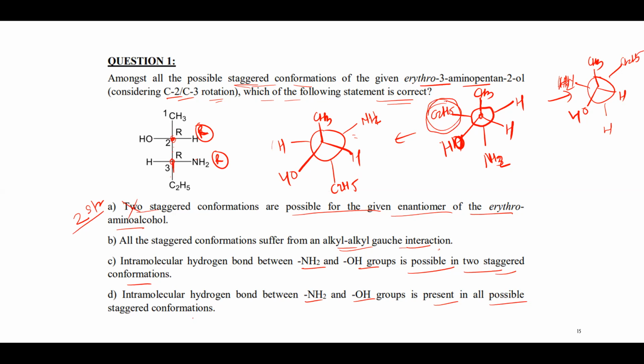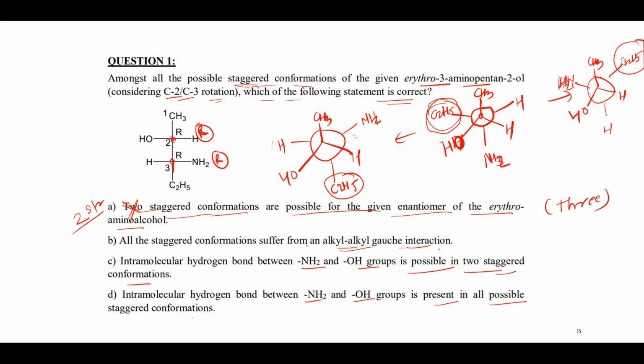Here it's the left hand side, here is the bottom, and here it is the right hand side. So these three positions are possible. So these two options are obviously incorrect. Two staggered conformations are possible for the given enantiomer. This is incorrect, because there should be three.